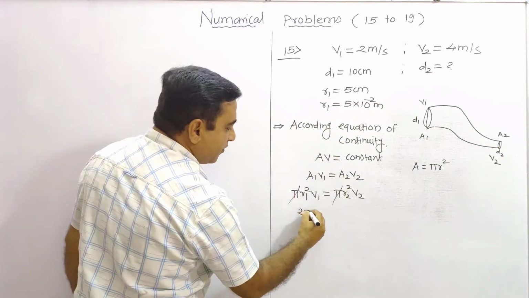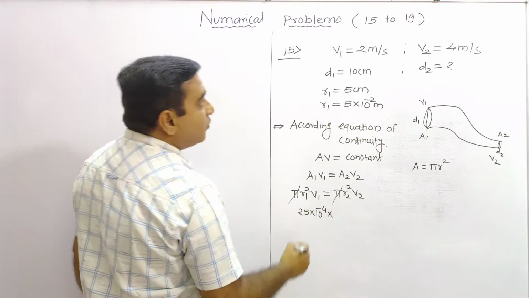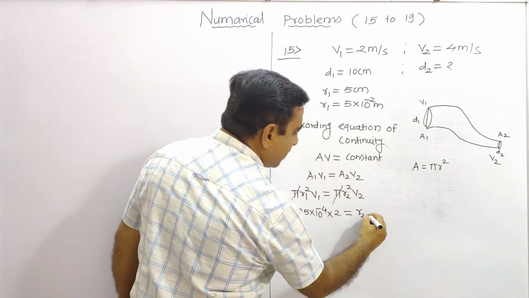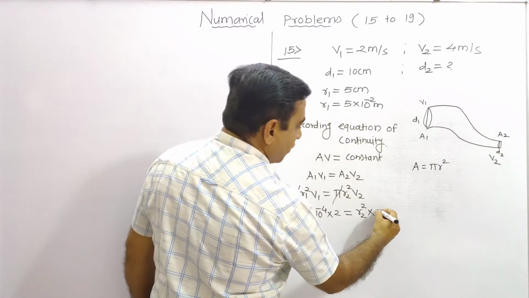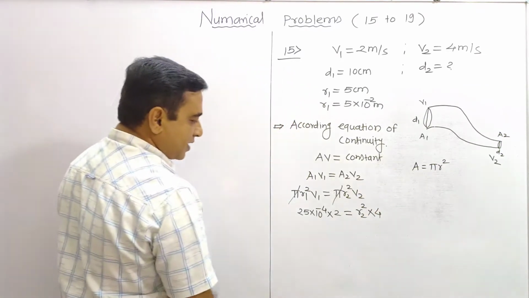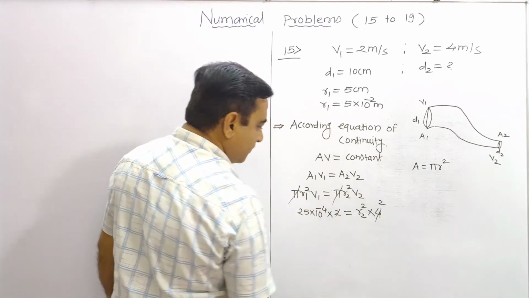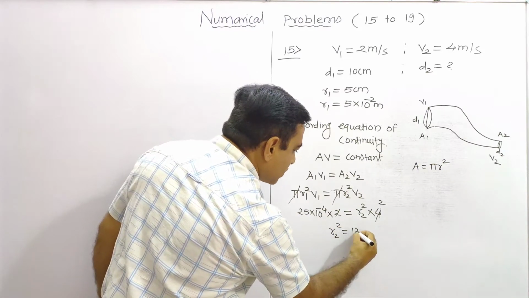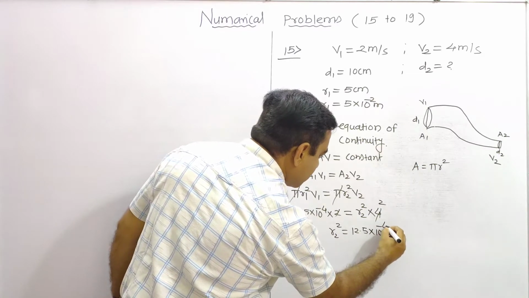here 25 into 10 raised to power minus 4 into V1, that is 2, is equal to R2 square into V2. We need to calculate this. V2 is 4 meter per second. After cancelling, 2 remains. So R2 square is equal to 12.5 into 10 raised to power minus 4.